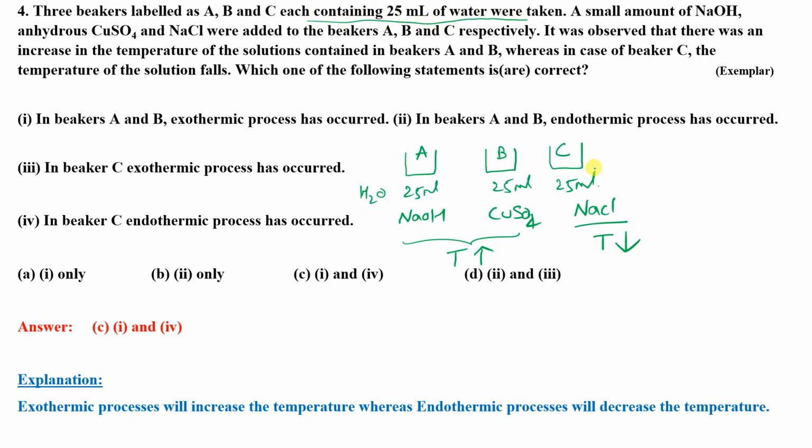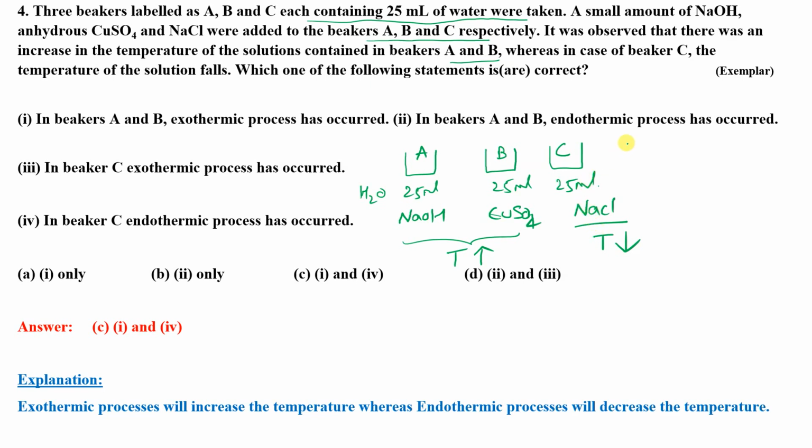A small amount of NaOH, CuSO4 and NaCl is added to beakers A, B, C respectively. Temperature increases in beakers A and B, whereas for beaker C, temperature decreased. Which of the statements are correct?